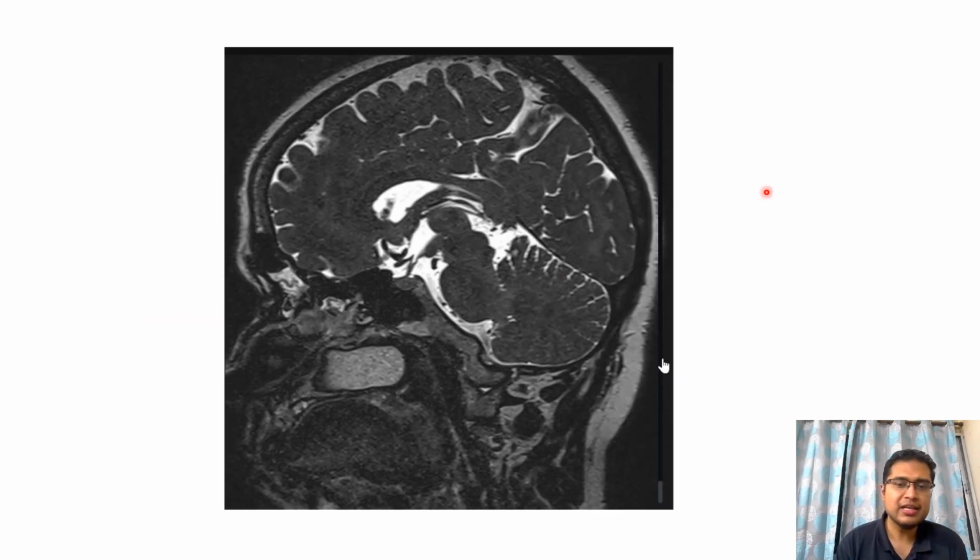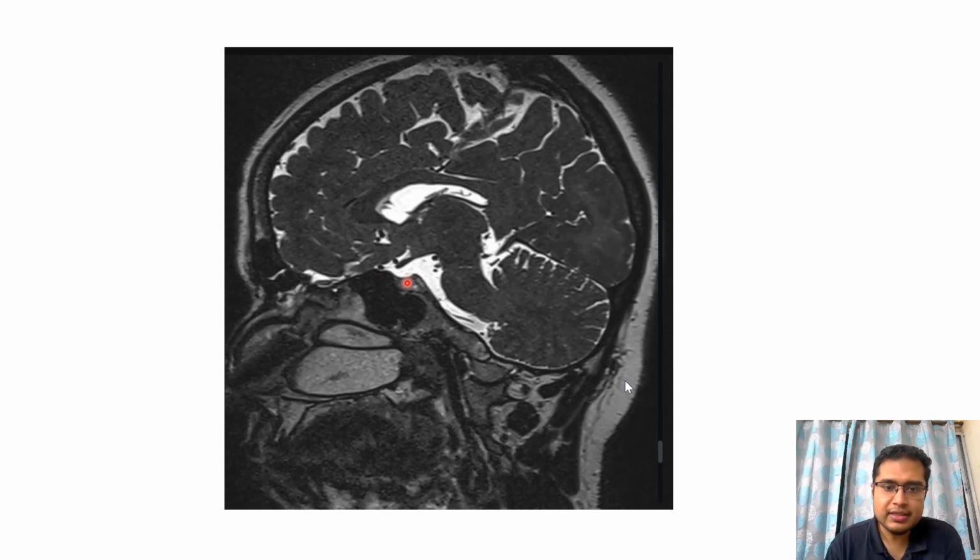So coming to my next case, which is also related to cranial nerves, this patient came with trigeminal neuralgia, and a CISS sequence was performed in this particular patient. These are the sagittal images of this patient.